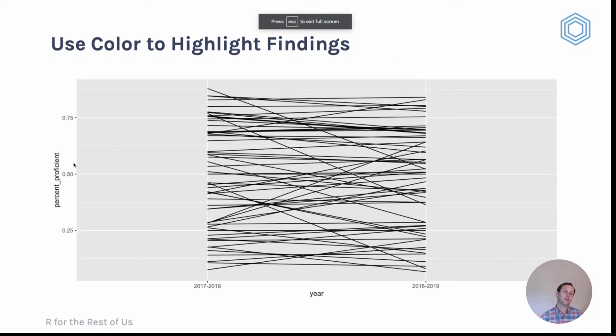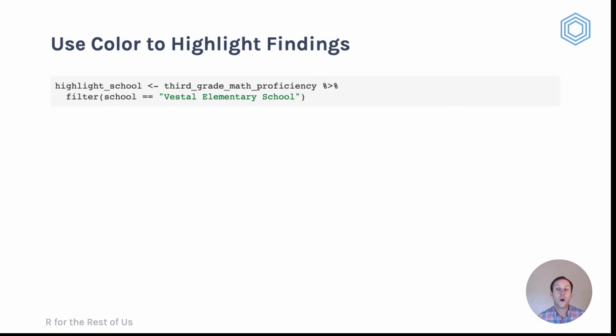All right, flipping back here, what I could do now is make a new data frame that will then add on to this visualization to highlight Vestal Elementary School. The way I do this is I simply create a new data frame called, in this case, highlight school. And I start with 3rd grade math proficiency, but then I just filter so that school equals Vestal Elementary School.